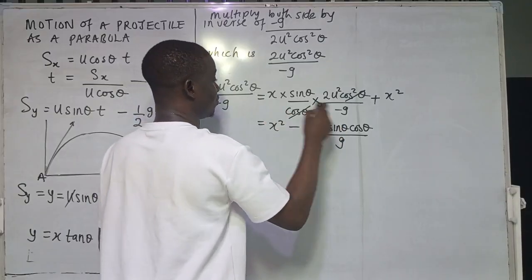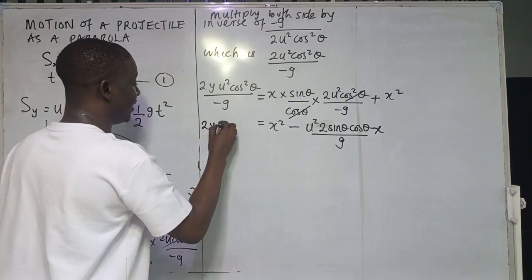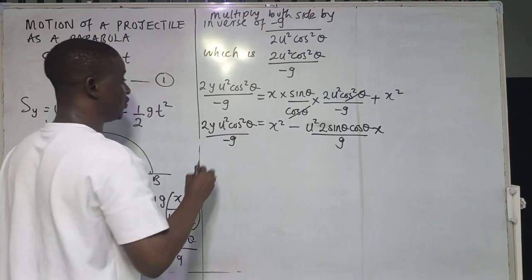Then this S will now be here. S is equal to 2Y U square cos square theta over minus G.